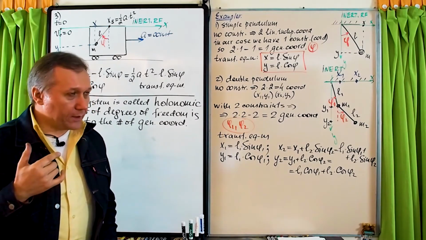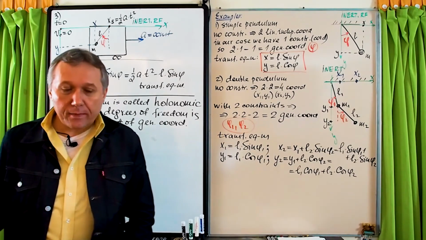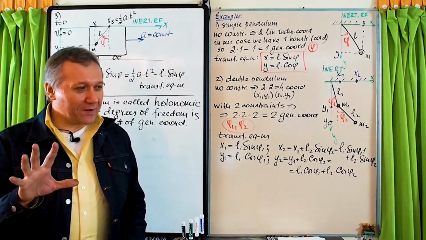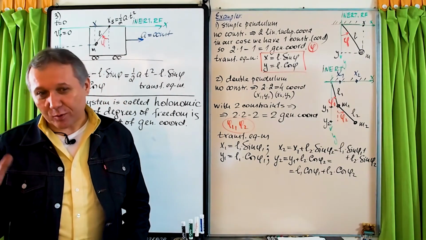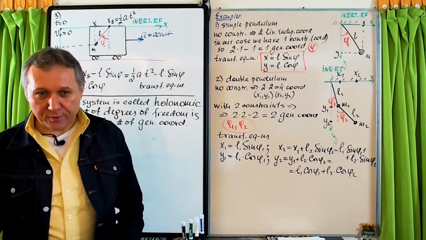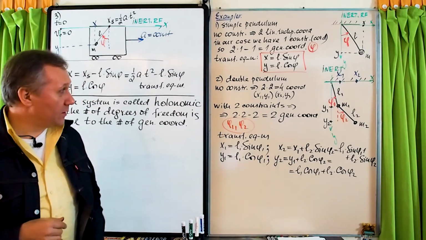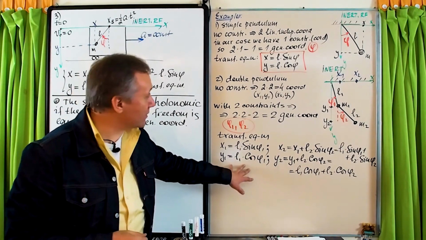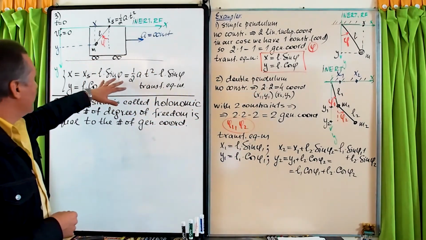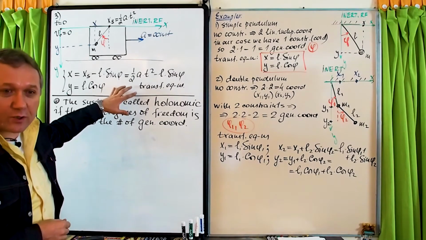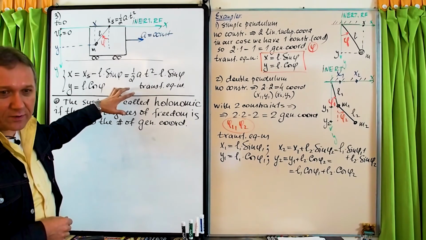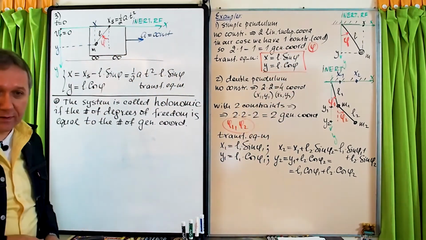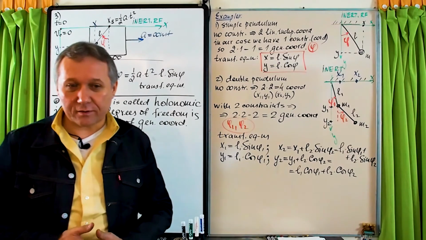All right, where are the constraints going to appear? I already mentioned: in the transformation equations. When you write these transformation equations, tacitly we use the constraints. We use these chords, and those chords, in order to write the transformation equations.